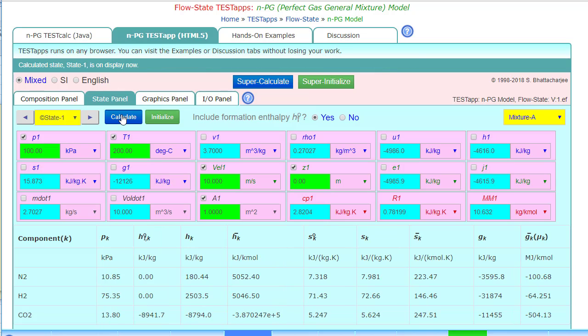So we can hit calculate after that, and you can see it calculated the rho for us, and that's the density of the whole mixture. And then there's our answer, 2.7 kilograms per second for the mass flow rate.